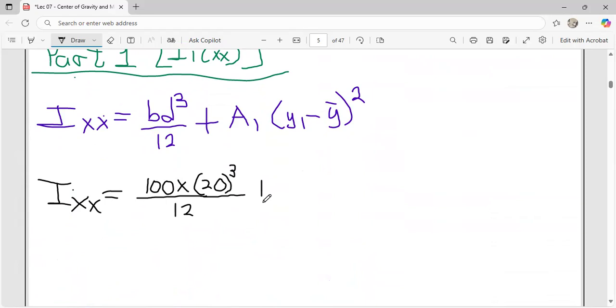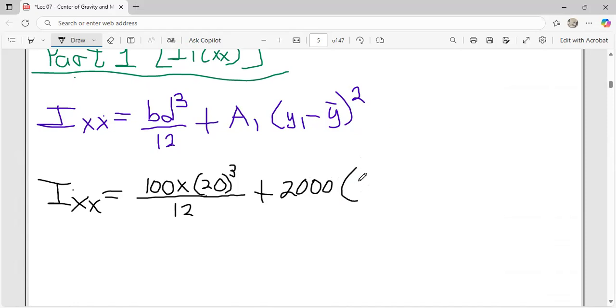Plus 2000, bracket open. What is the value of our y1? Our y1 was just D divided by 2, and our D was 20. 20 divided by 2 is 10.